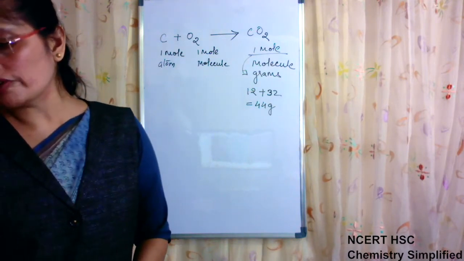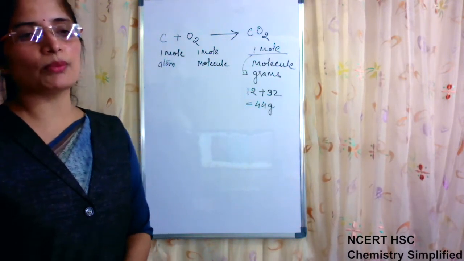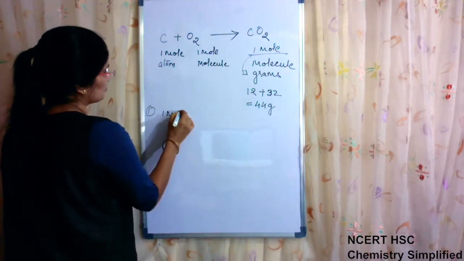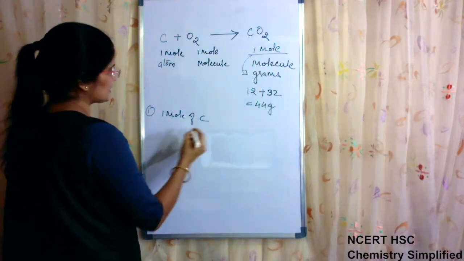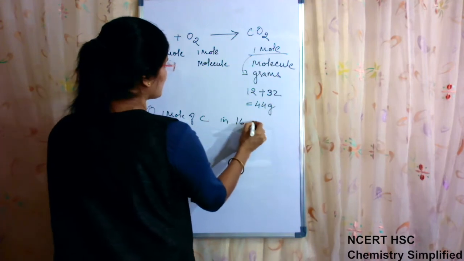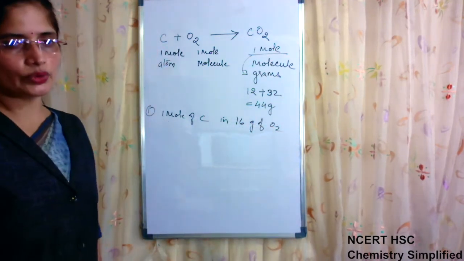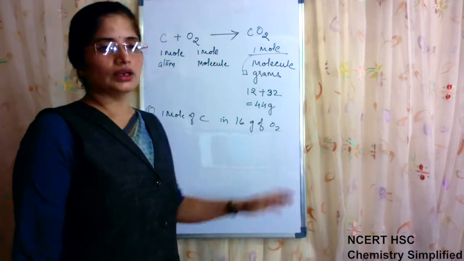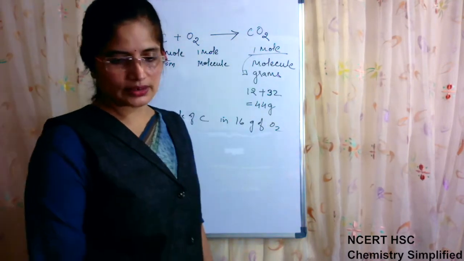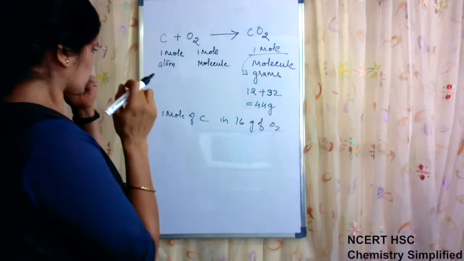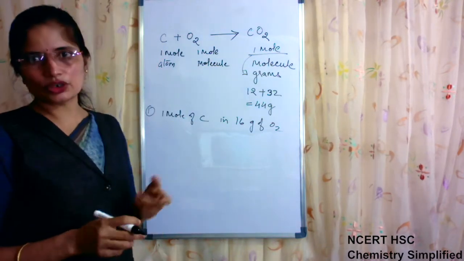Okay. Then second is 1 mole of carbon is burnt in 16 gram of dioxygen. The second case is when 1 mole of carbon is burnt in 16 grams of dioxygen, that is O2. Then we have to calculate the amount of carbon dioxide produced. Okay. So in this case what will happen?